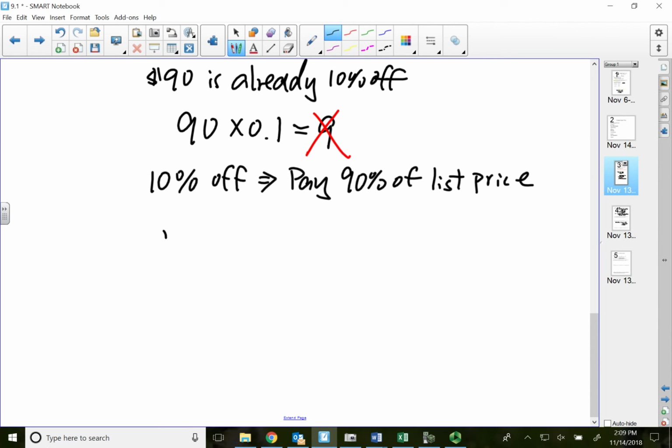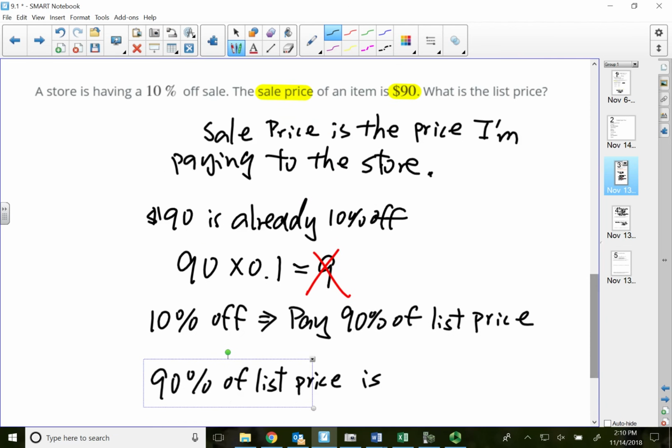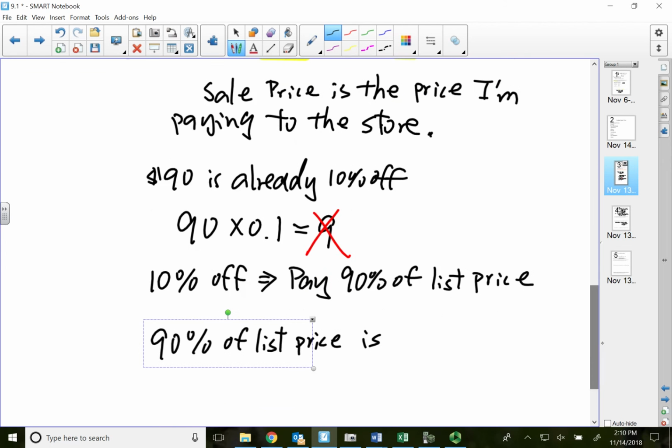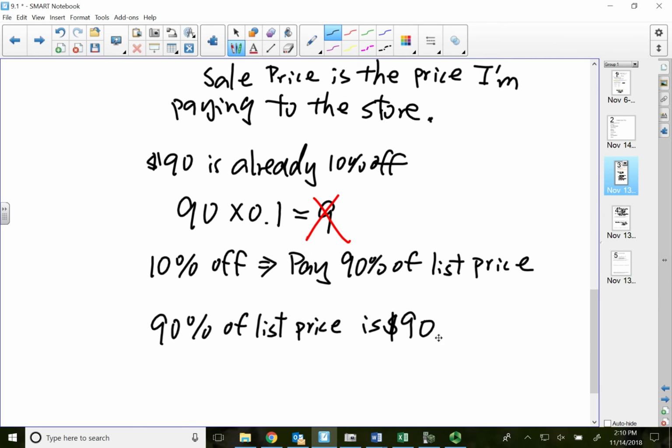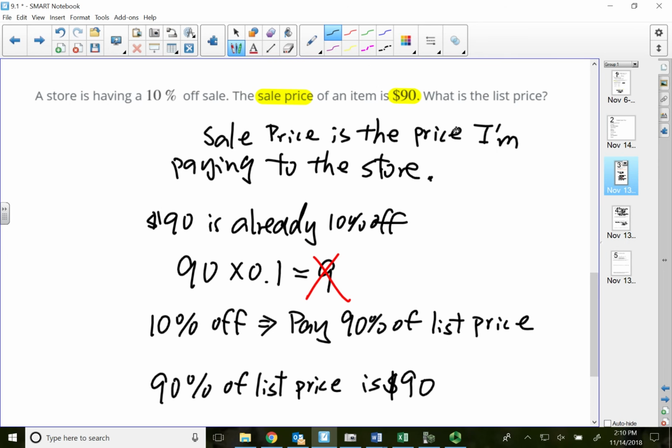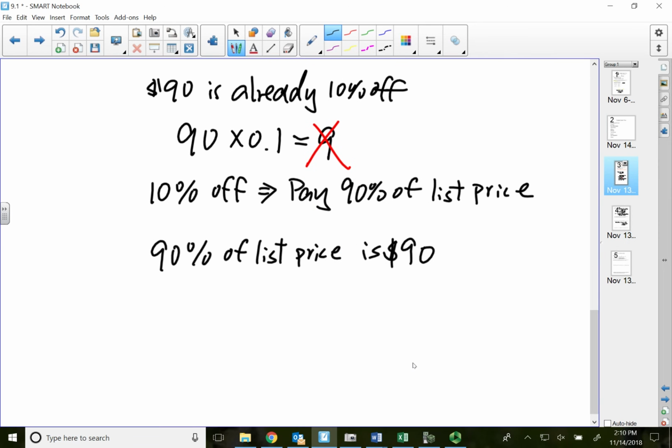So 90% of the list price is the price I pay. And what is the price I pay for this problem? The price I'm paying to the store is this $90. Okay, 90% of the list price I am supposed to pay is the $90 that the problem tells me it is selling for. So that's the price I'm going to pay to the store.